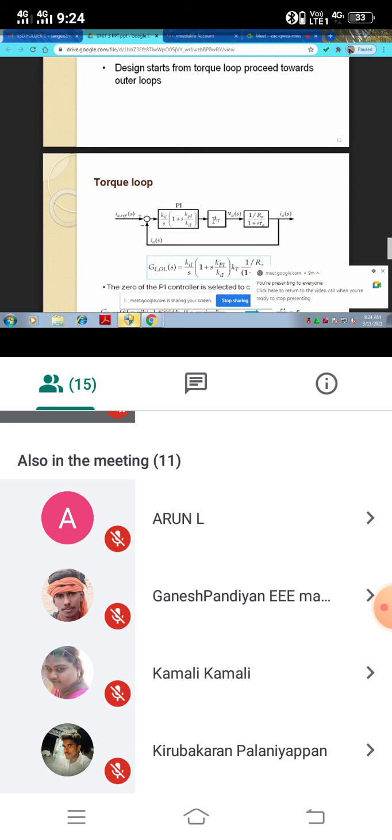Both constants are connected across the variation between the load torque and the motor torque. As I already said, the motor has one torque constant and the load has one torque constant.